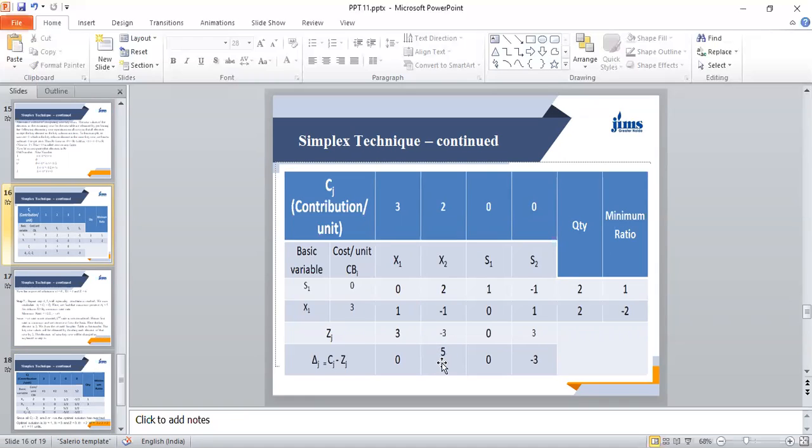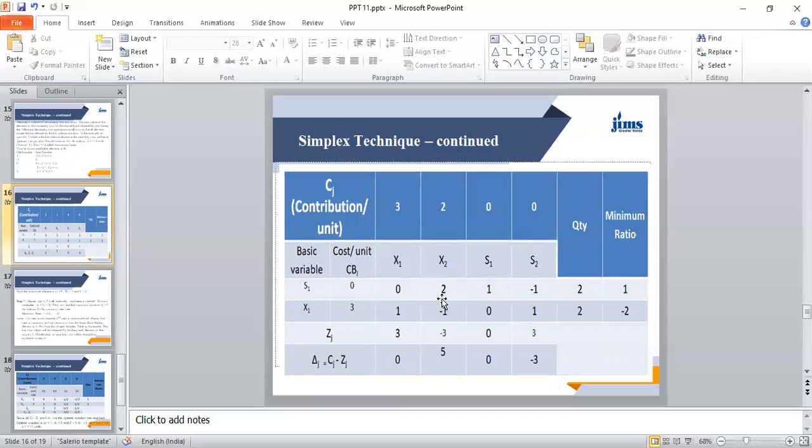This value is positive means this will give a positive contribution to the solution. So again we decide the key column corresponding to the maximum value in the net evaluation row. Here we have only one column which has a positive value in the net evaluation row, delta J, that is Cj minus Zj. So the column corresponding to X2 will be the key column.